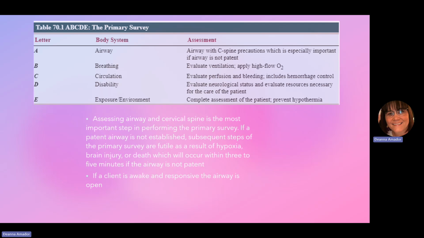You are exposing them so you can see underneath their clothes if there's anything going on. You need to think front and back to make sure this is quickly identified. And as you know, if you're cutting off clothes, you can cause even more hypothermia, so you need to be cognizant of that.